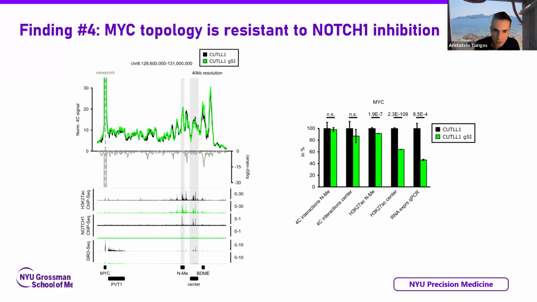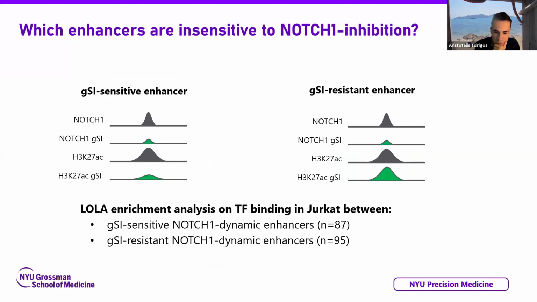So we went back to the drawing board and we designed a very simple bioinformatics analysis to find a way, basically, to target MYC. And the idea was very simple. So we classified enhancers into those that are sensitive to Notch inhibition. So those that after treatment, they lose Notch binding, but they also lose enhancer activity marked by K27 acetylation.